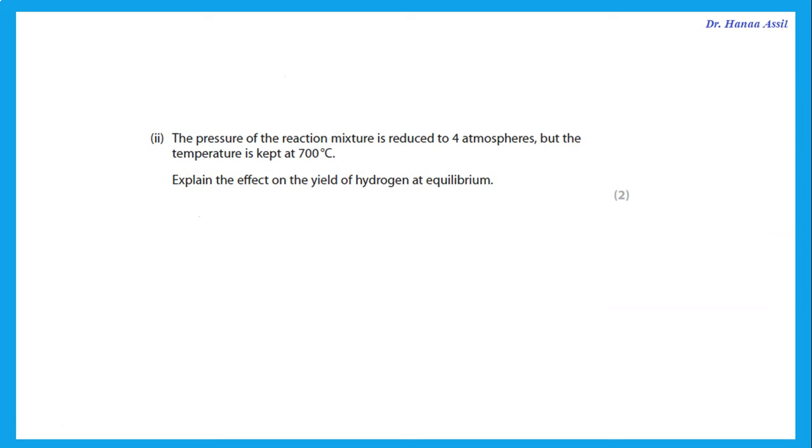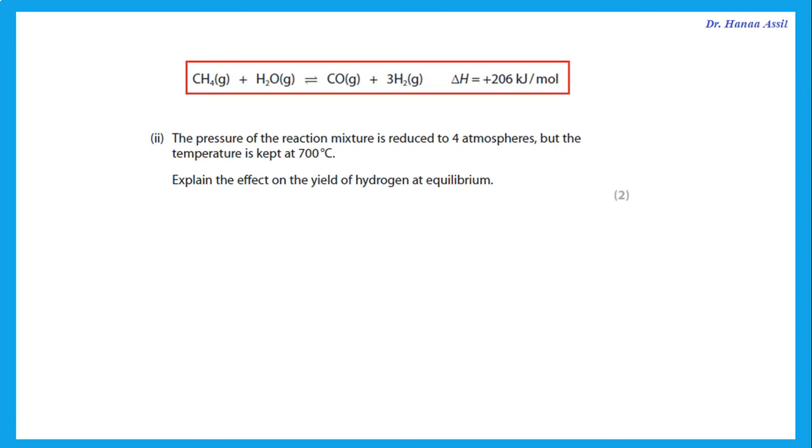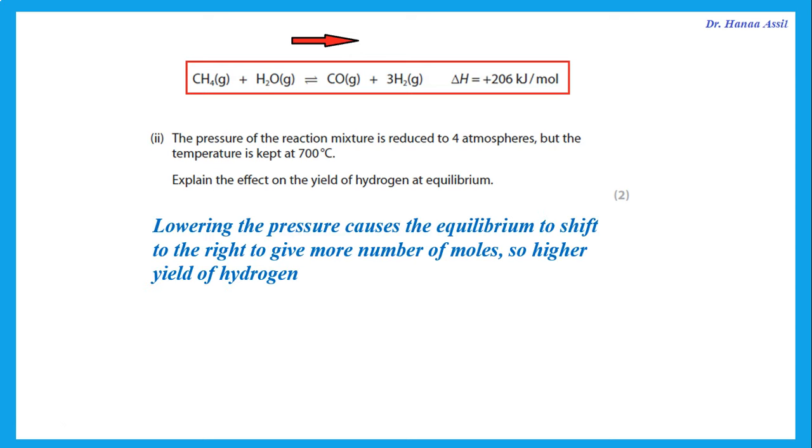The pressure of the reaction is reduced to 480 kPa. So we're going to use lower pressure. Now, when we lower the pressure, the reaction will go to which side? You should remember, lowering the pressure goes to the side with more number of moles.